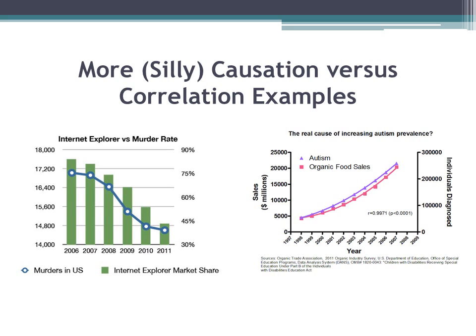But it just goes to show you that if you know how to use statistics, you can pretty much fake any correlation. And then over here on the right hand side, you have autism in the purple and organic food sales in pink. And again, you see this positive correlation that shows that the rise in organic food sales correlates to autism, which of course means that it doesn't necessarily cause autism.